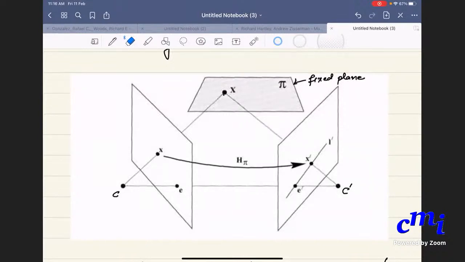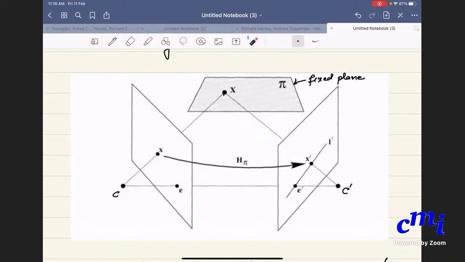And what we will show is that this point x and this point x prime constructed in this way will be related through a homography. So homography, this is exactly what we saw last time, right? Homographies are mappings between the corresponding points in two images.